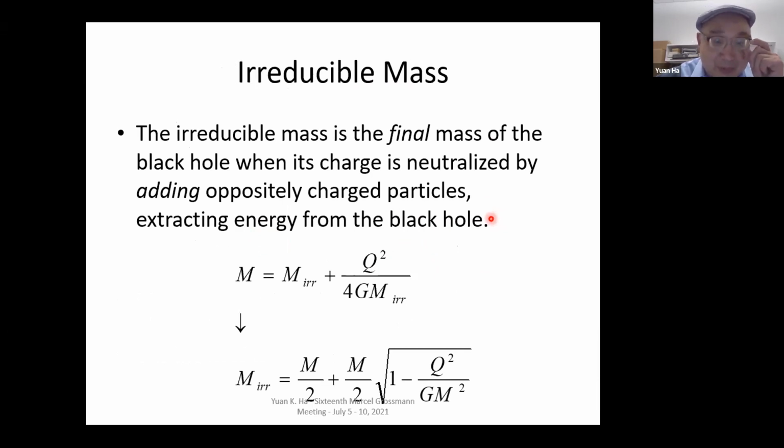Now, the irreducible mass is the final mass of the black hole when its charge is neutralized by adding oppositely charged particles, extracting energy from the black hole. So the irreducible mass is shown by the bottom formula here. It involves the charge Q and the total mass M.